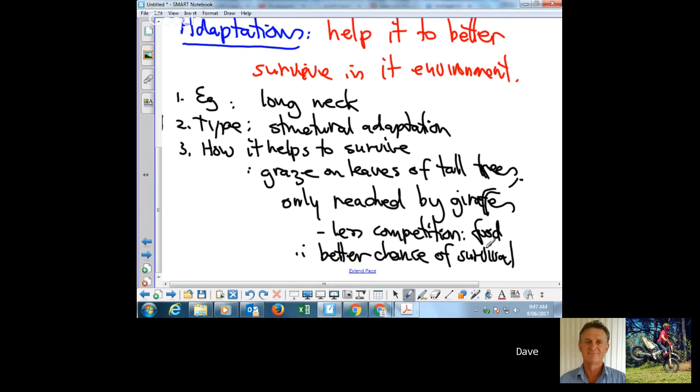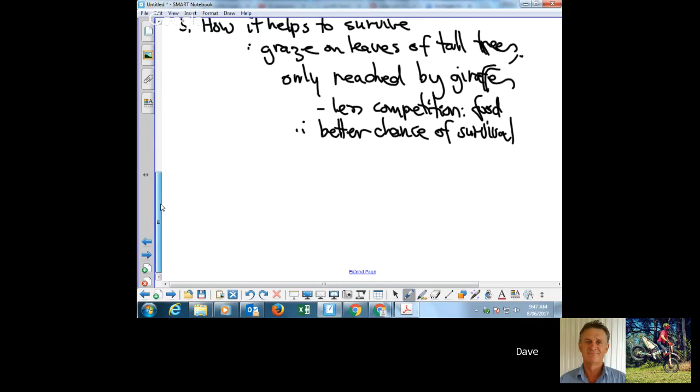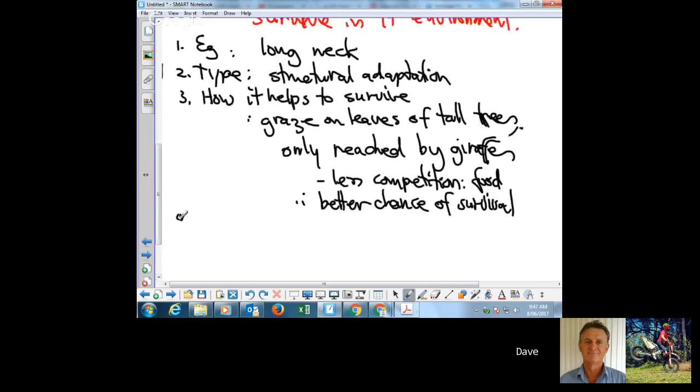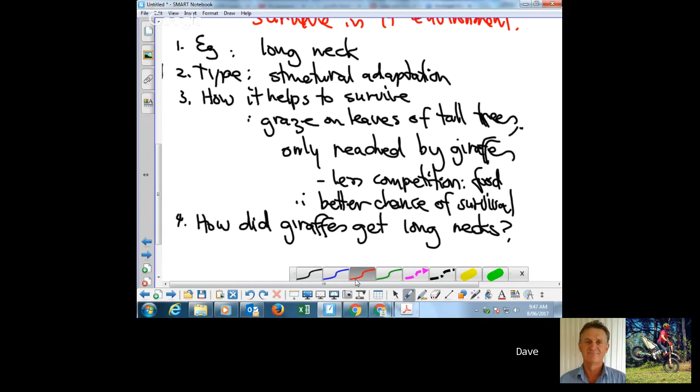So the next question is the big one. Question 4. How did giraffes get long necks? So I'd like you to provide your explanation.